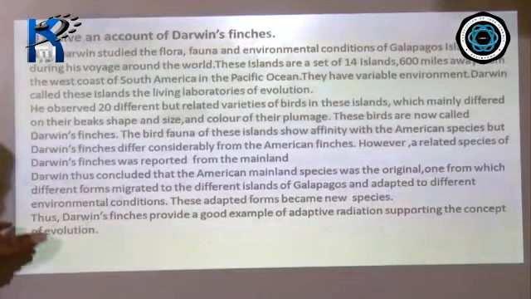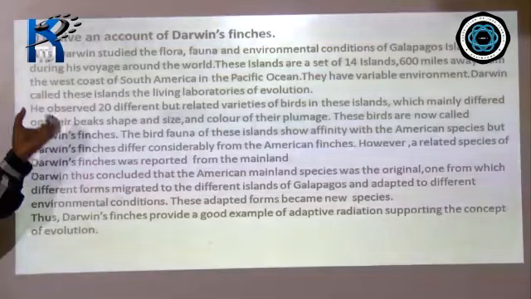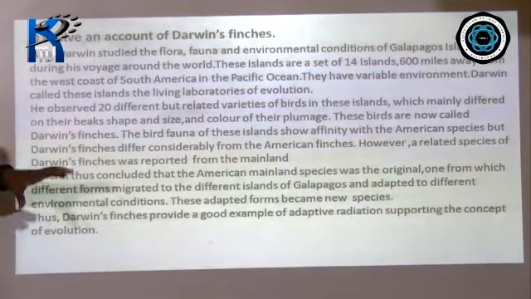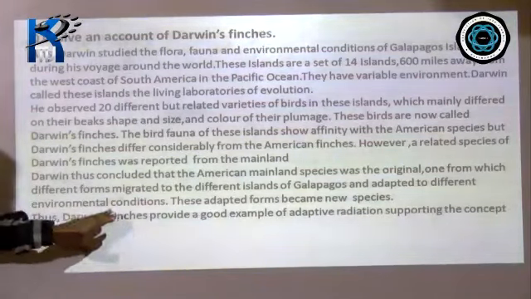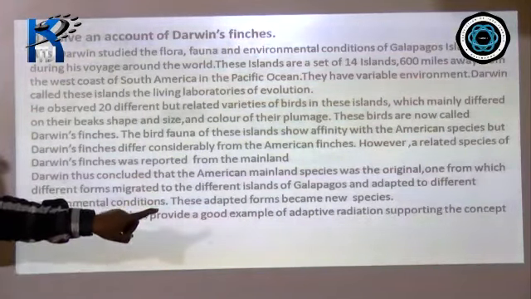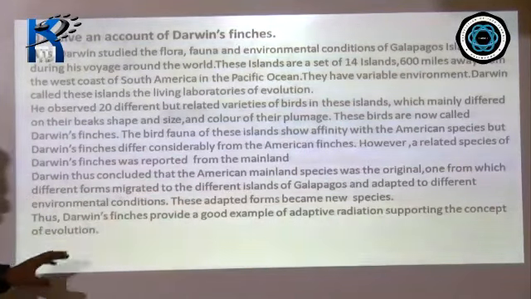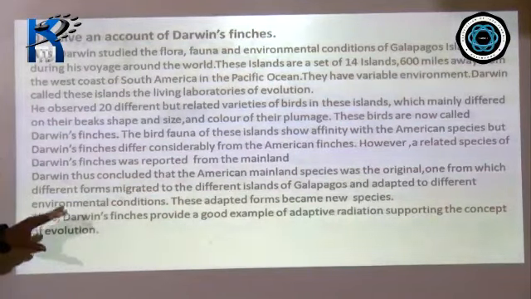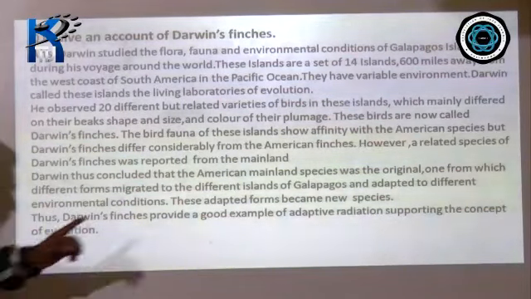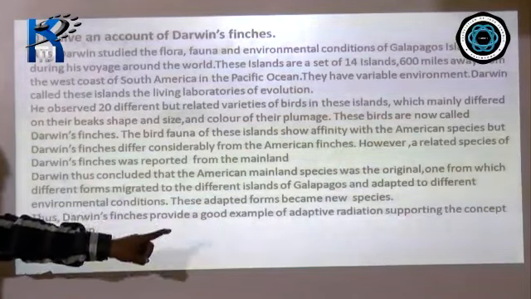New species. Now, from here, what did he finally conclude? Thus Darwin Finches provide a good example of adaptive radiation supporting the concept of evolution. That means it is a type of which radiation? Adaptive radiation.